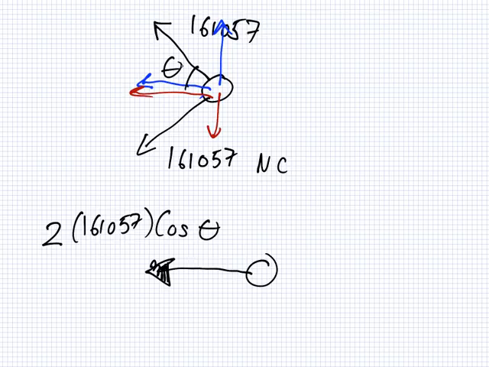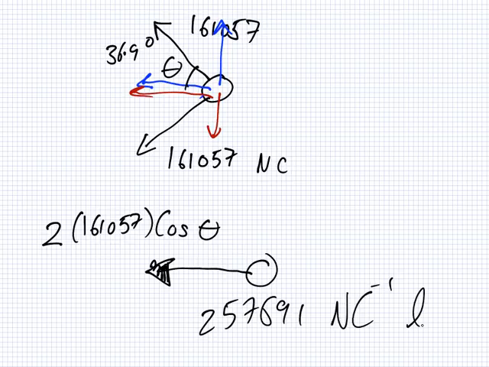That theta is 36.9 degrees. Hold on. 257,691 newtons per coulomb left.